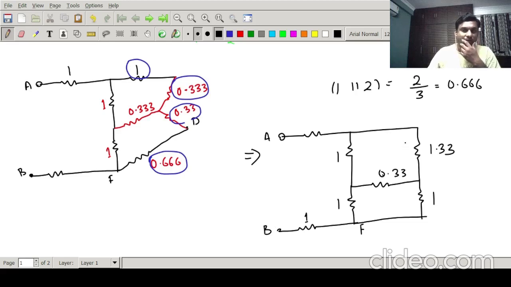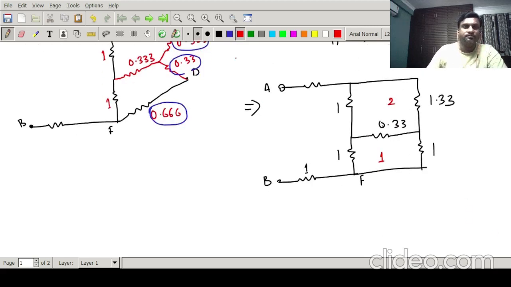Okay. So now we can see that we can take this as 1 delta, or we can take this as 2 delta. So either you can break as delta to star, to get the simplified form of the circuit.